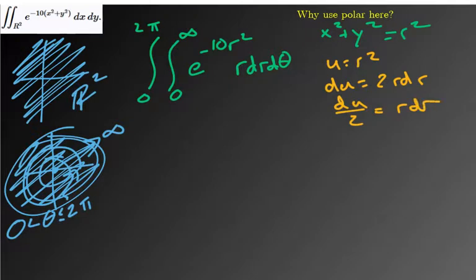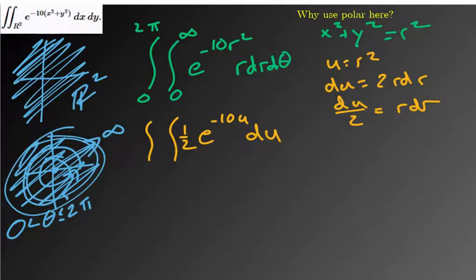Now we can plug things in. We've got e to the minus 10 u, and we have a 1/2, and then du. This is a nice integral. You would just do e to the minus 10 u again, but then divide by the negative 10.